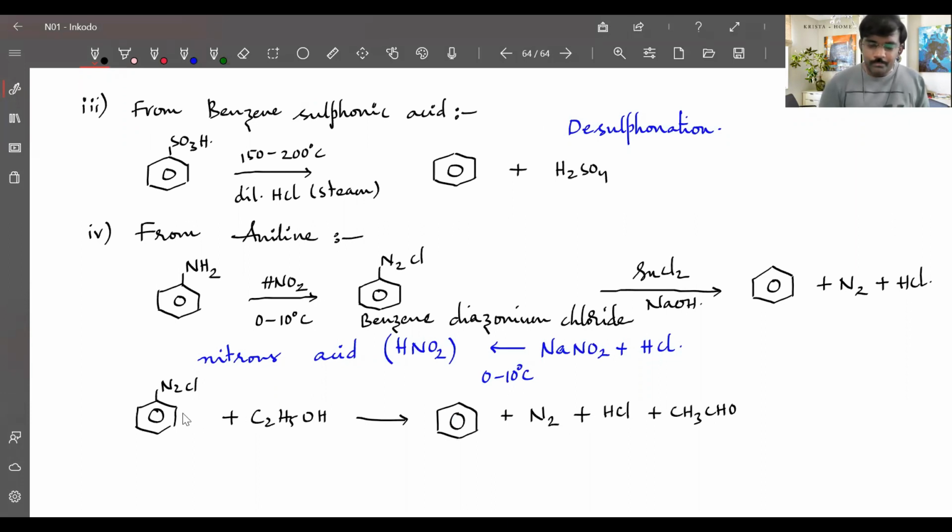So that is another process we can do, other than SnCl2, we can add C2H5OH. Even if C2H5OH is also not available, then we can do the same process using another reagent, like H3PO2.